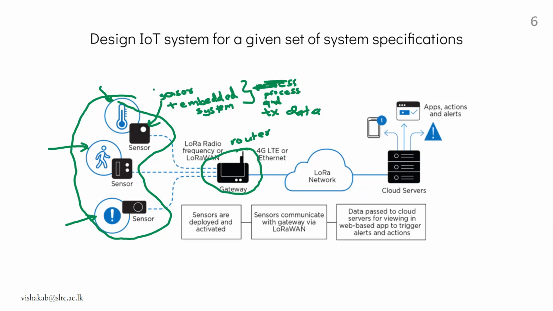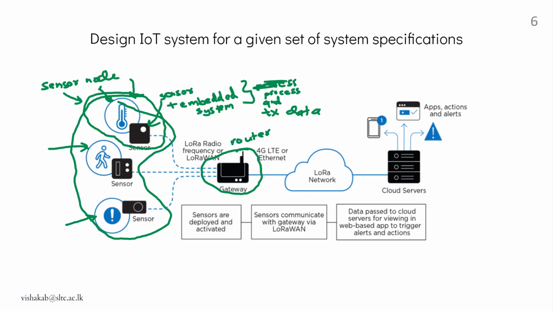We normally call this sensor plus embedded system a sensor node, and we can address both the processor and the sensor using this name. The word node you can use.